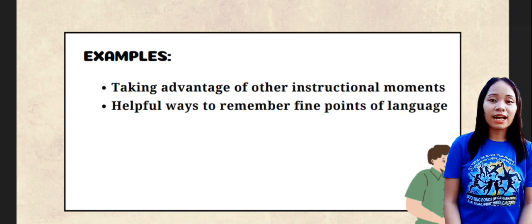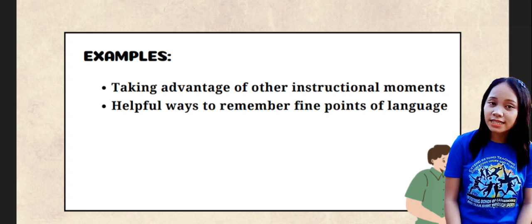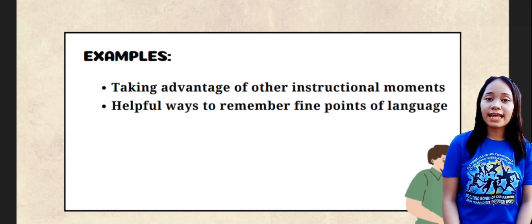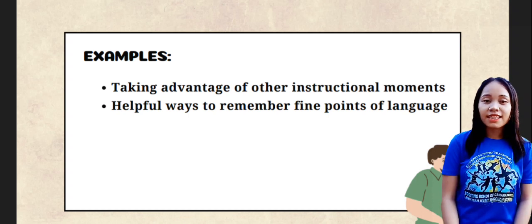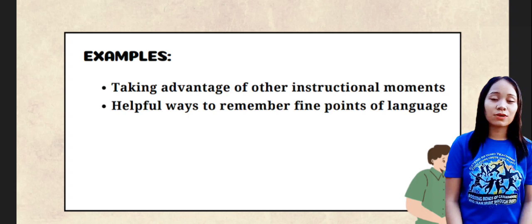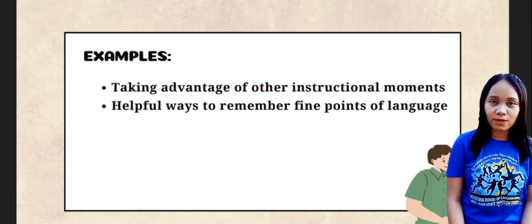Examples of explicit language instruction are the following: seizing teachable moments to reinforce language concepts during other lessons or activities. Next, we have using mnemonic devices or strategies to help students remember specific details or nuances of language.